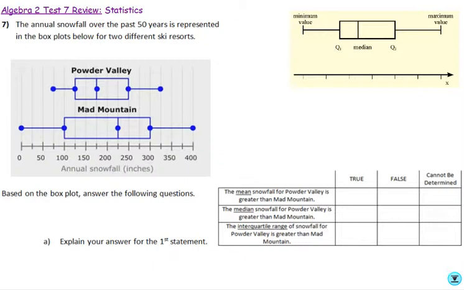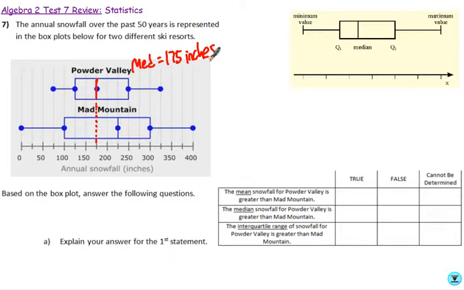Let's first identify some things. Remember that the middle line of the box represents the median. So if I wanted to know the median, it looks like that falls at about 175. And again, this is snowfall at 2 different ski resorts over time. So some winters it snowed a lot, maybe it snowed a little.